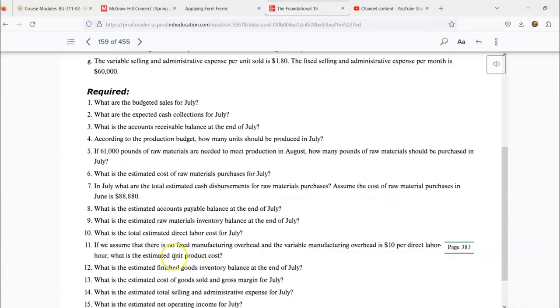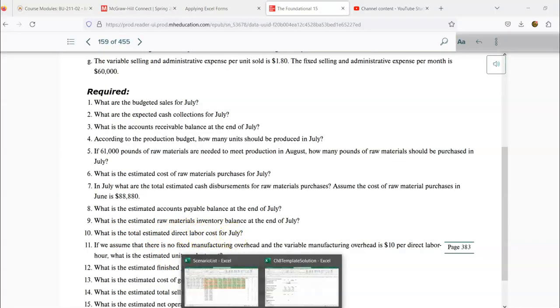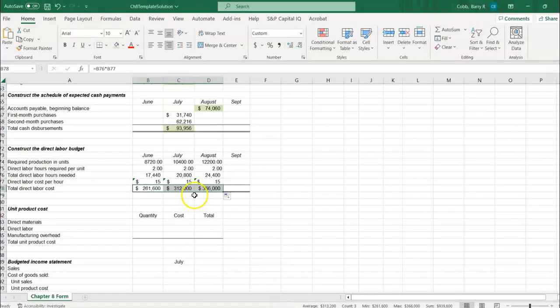And we can see here that the question was, what's the total estimated direct labor cost for July? And we can see that that is $312,000.